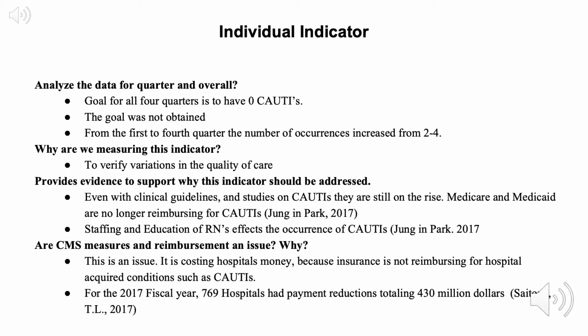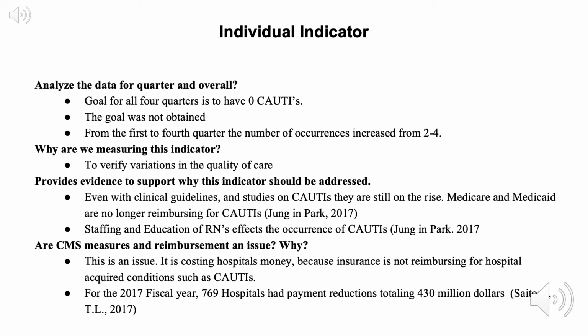I found this interesting that staffing and education of RNs is also affecting the occurrence of Cautis. There's a higher percent of direct care nurses with an associate's degree in nursing. There are less total nursing hours per patient day and lower percent of direct care RNs with specialty nursing certifications. This was all related to the Cauti occurrences.